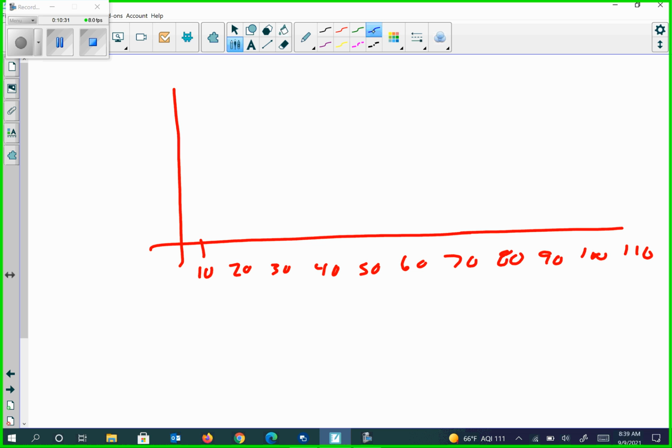So if this is based on summer, I don't think we had any 10, 20, 30, 40 degree high temperatures. We might have had like one cold day, had a high in the 50s. I'm just speculating. I'm not saying this is factual. We might have had a day in the 60s, probably some days in the 70s, 80s, 90s, couple in the hundreds.